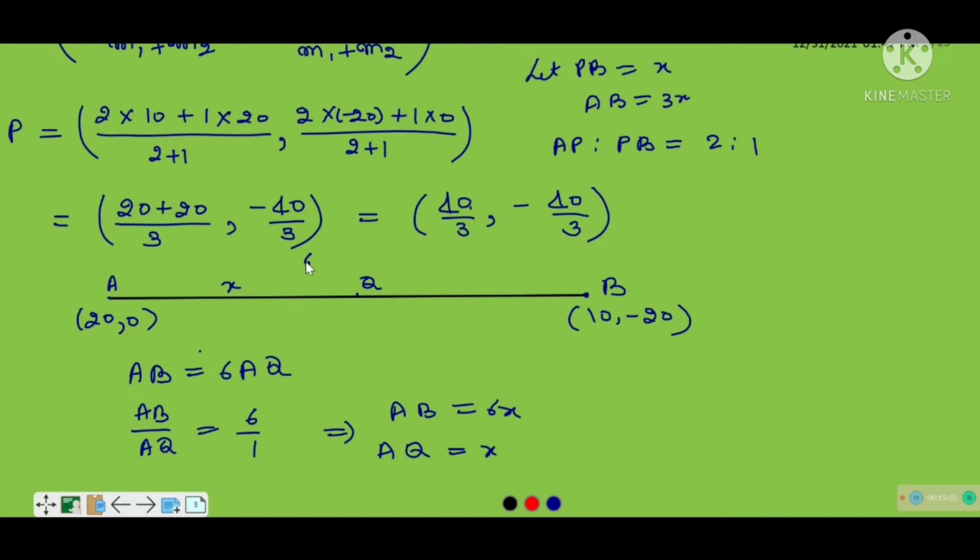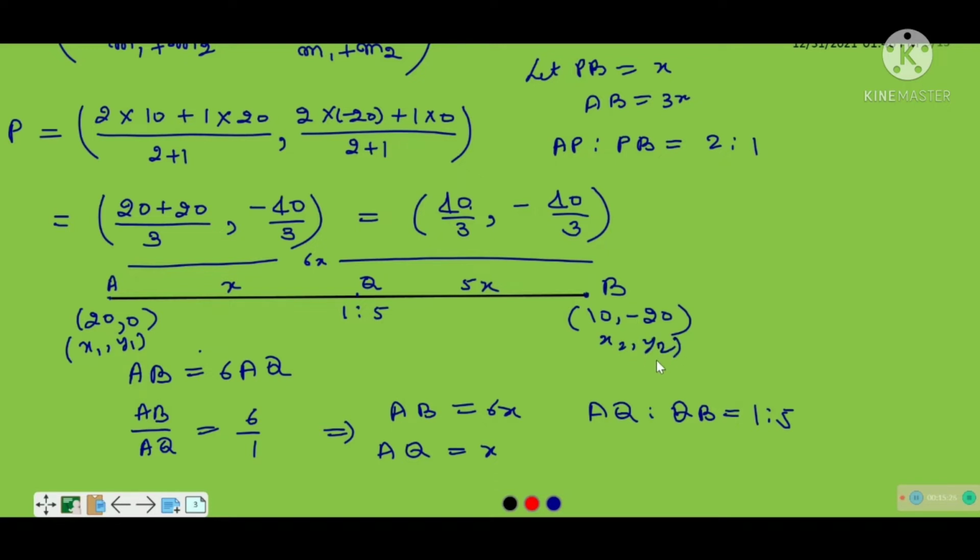AQ is x when the AB is 6x, means BQ is 5x, means the ratio of AQ with QB is 1:5, x upon 5x, means Q is a point which divides the line segment in the ratio 1:5. This is x1 y1, this is x2 y2, and m1 is 1 and m2 is 5.